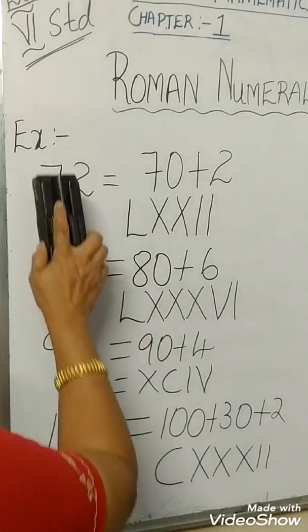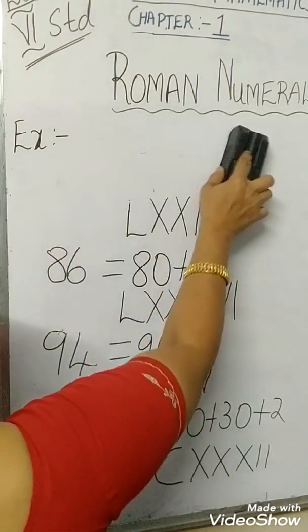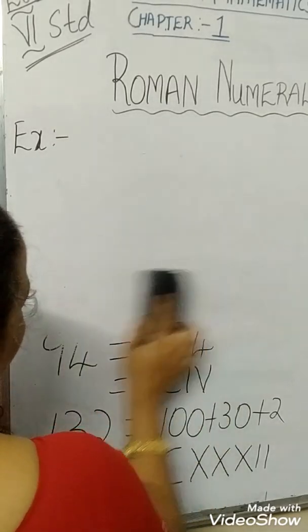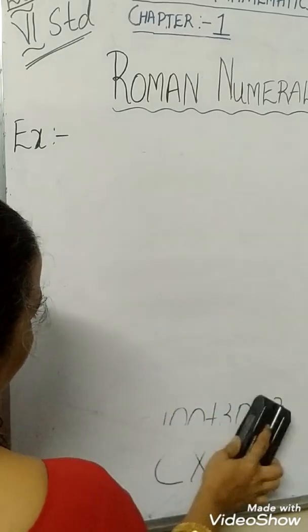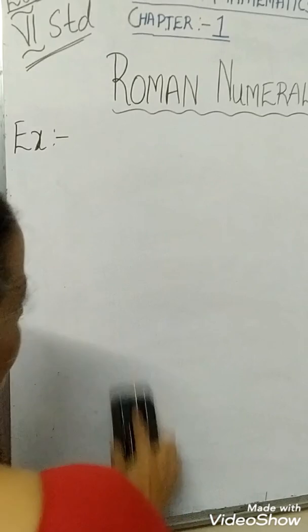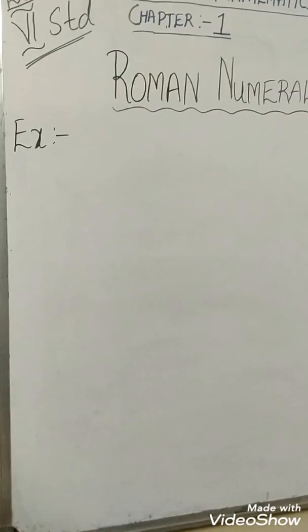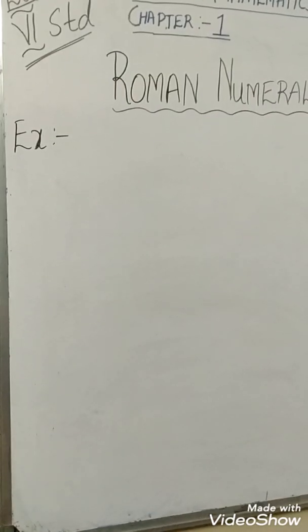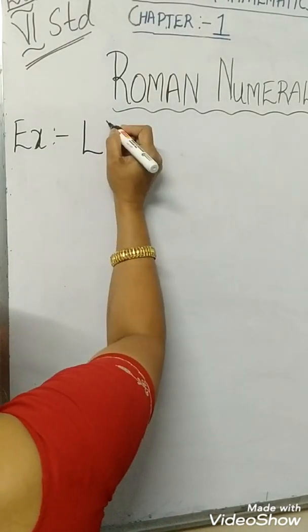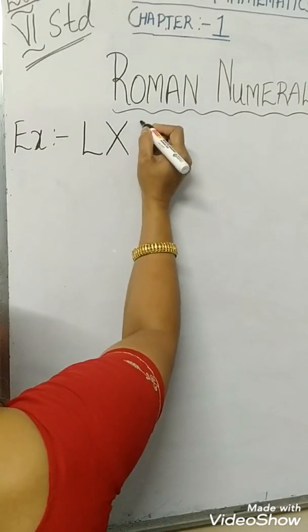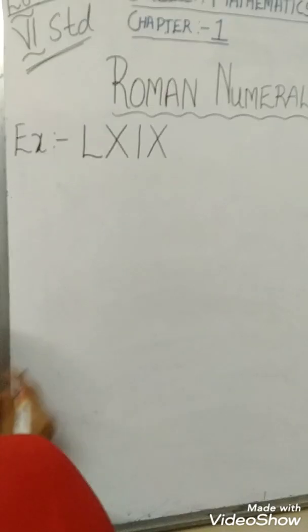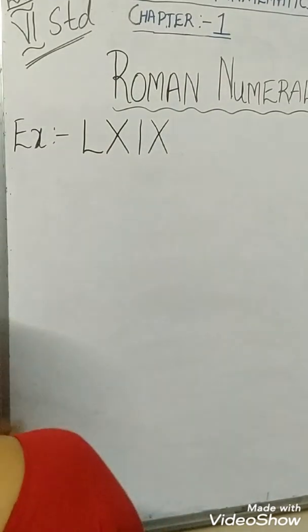Now, let us see some more examples of writing the Roman numbers in Hindu-Arabic. Now look here. L, X, I, X. Can you tell how to write this?